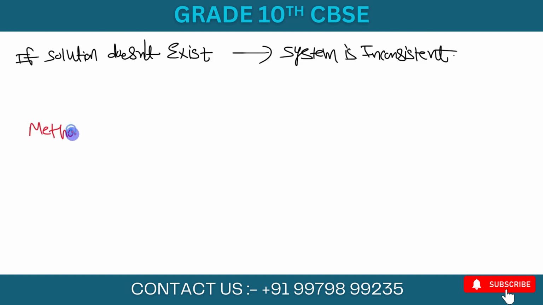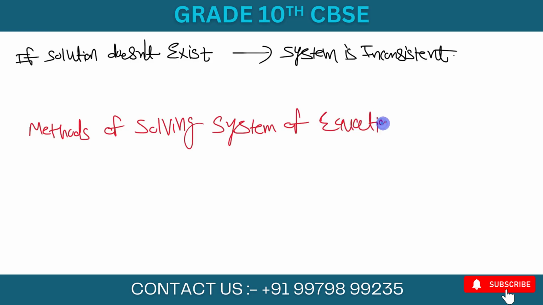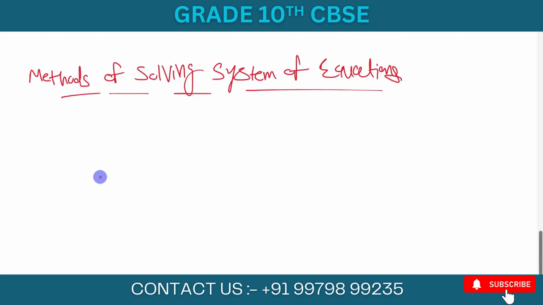Apart from these, in this chapter we have to learn how to solve a system of equations. So what are the different methods of solving a system of equations? For your information, not everything I am listing is in the syllabus. A few methods are there, others are not in the syllabus, but we should know them as information. Two main categories are there.